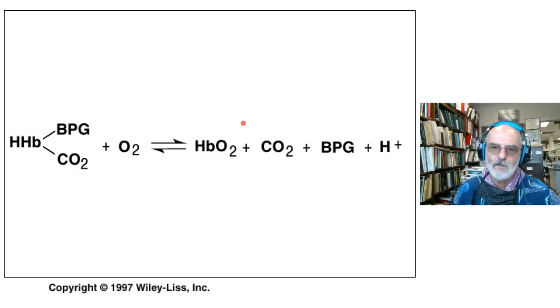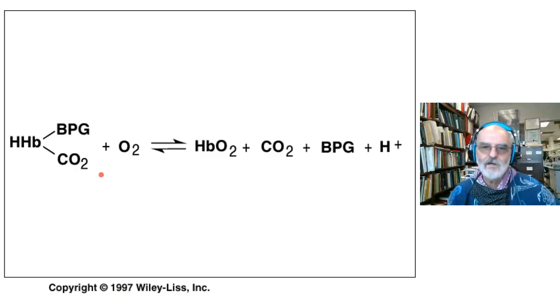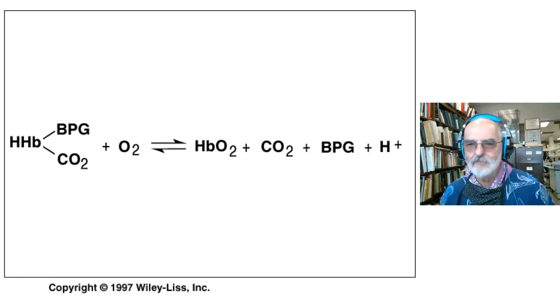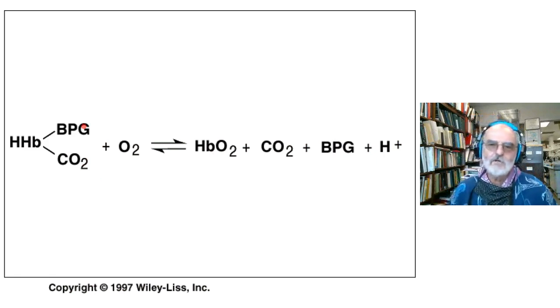Okay, so the net overall reaction looks like this from the perspective of hemoglobin. There's a hemoglobin molecule that can bind oxygen, but it also has a number of other effectors that I'm going to tell you about tomorrow, where it can bind a proton, it can bind CO2 directly, and it can bind a molecule called bisphosphoglycerate or diphosphoglycerate.